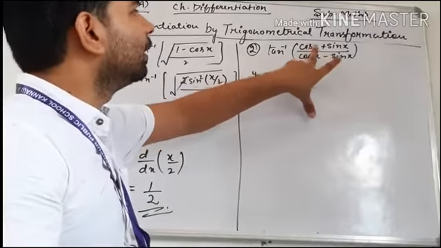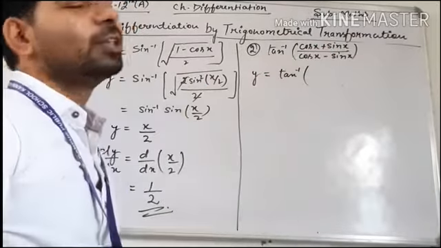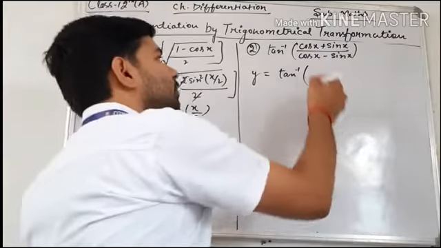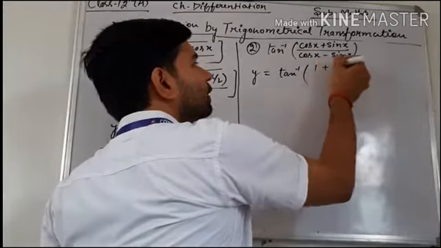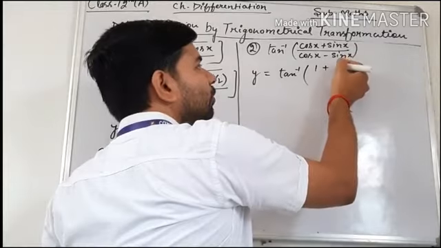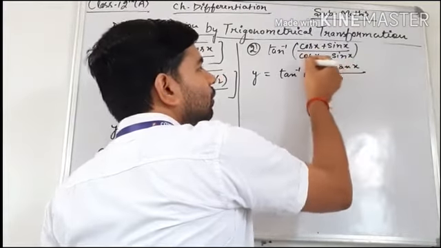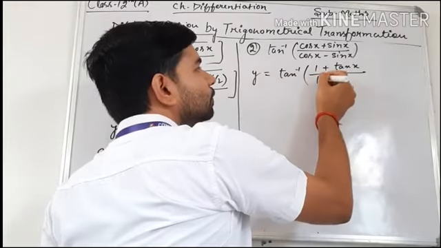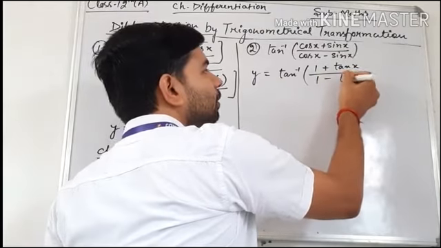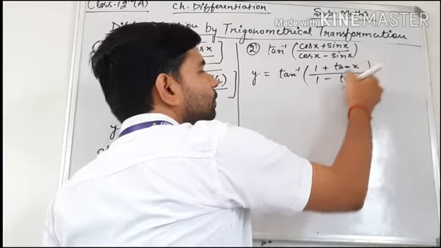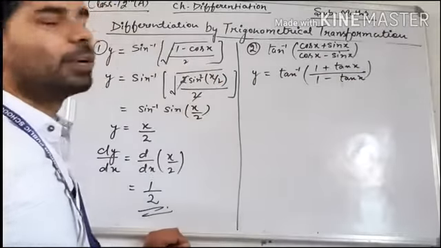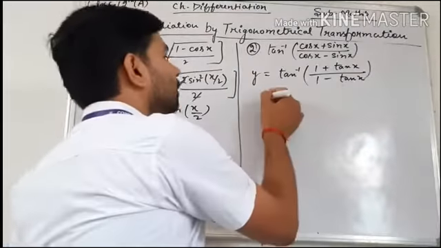Let us divide numerator and denominator by cos x. So this will become 1 plus sin x upon cos x is tan x, cos x upon cos x is 1, minus sin x upon cos x is tan x, 1 plus tan x upon 1 minus tan x.